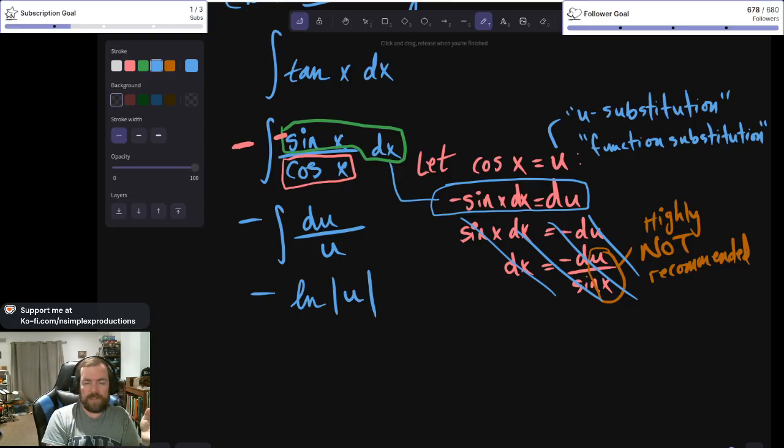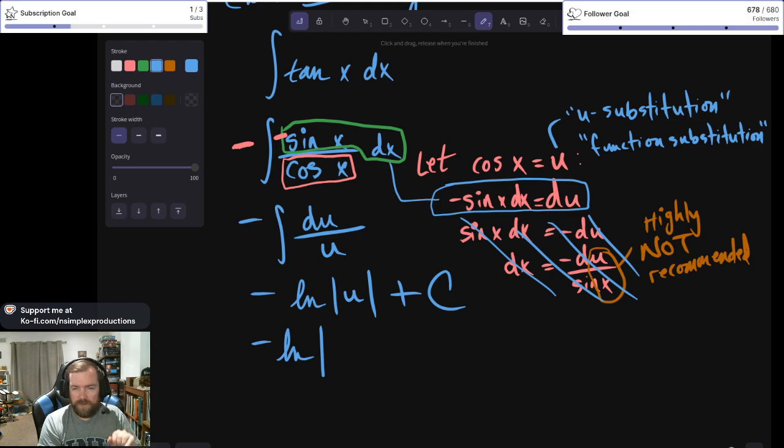Find out what its antiderivative is going to be, and then take that antiderivative, which we end up with negative natural log of the absolute value of u plus c. Again, c could be a constant. It could be only positives. It could be only negatives, but you just have to watch out for what else is going on here. So the integral of tangent of x dx is going to be a negative natural log of the absolute value of u plus c, and then we have to say, all right, what was u? U was cosine of x, so the answer is negative natural log of the absolute value of cosine of x plus c.